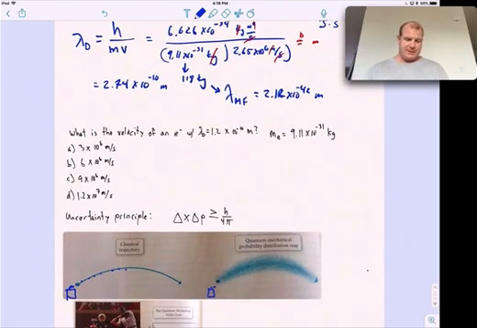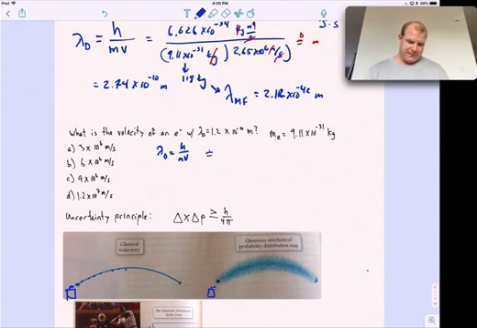So now let's do the switcheroo here. What is the velocity of an electron with a de Broglie wavelength of 1.2 times 10 to the minus 10 meters? So pause it if you want to work this on your own. Lambda d is h over momentum, and we want the v.